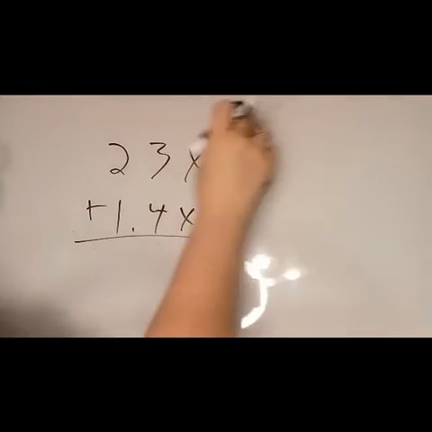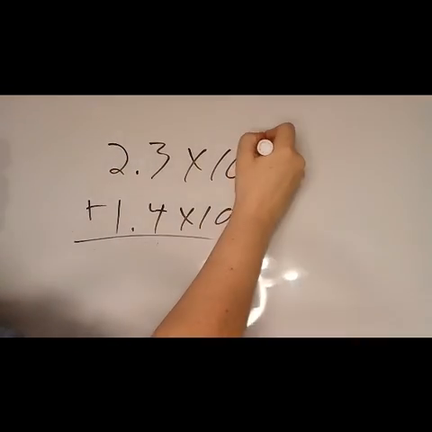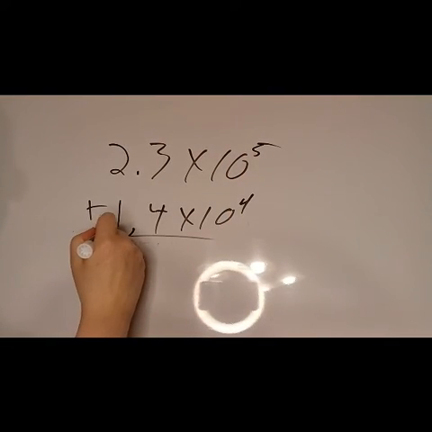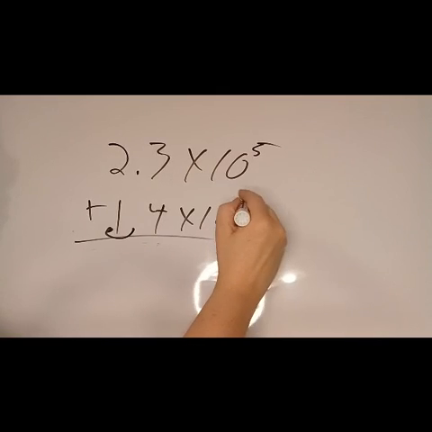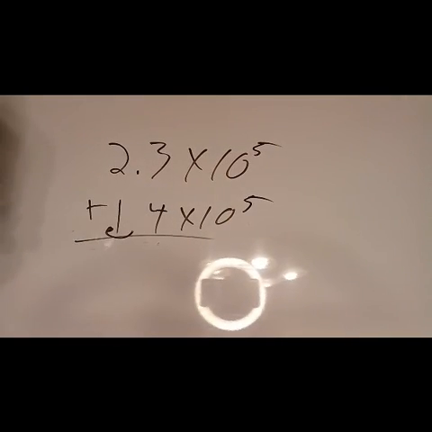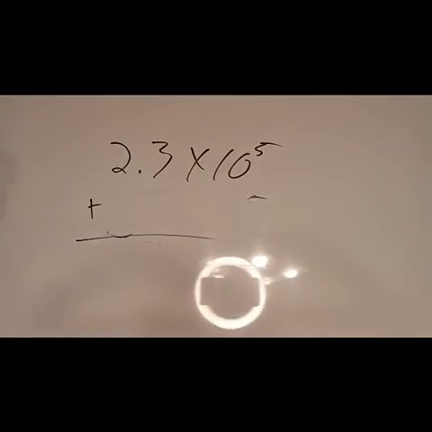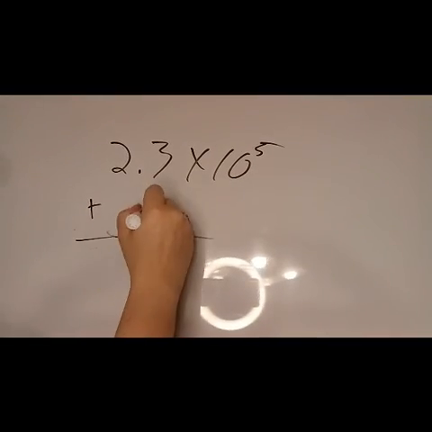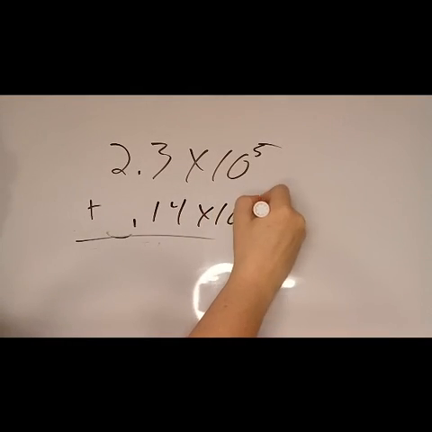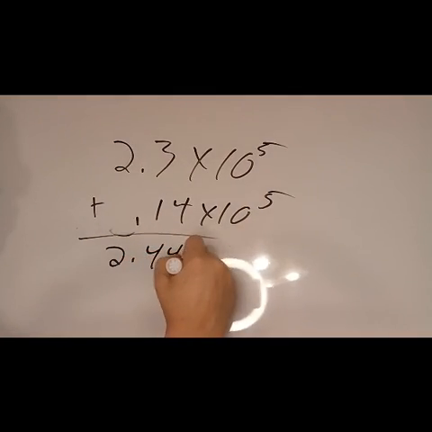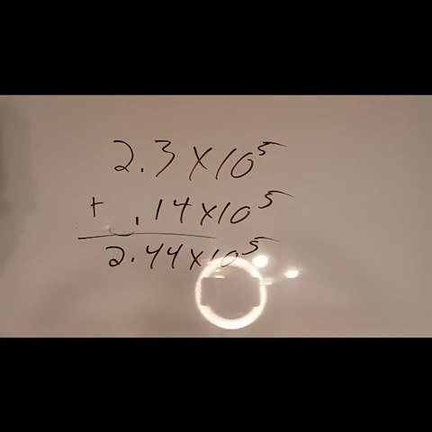Or we could move this one this way, and that would make this to the 5. All right? Then since we want to line up decimals, we'd move it over. Like that. We get the same answer.